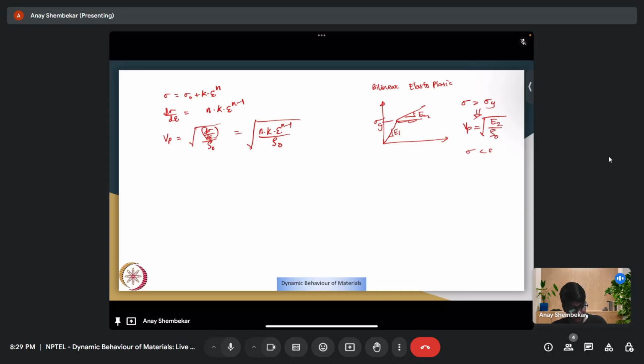For sigma less than sigma y, your elastic wave velocity would be the root of E1 by rho naught. Okay, I think that covers what I had for this lecture.